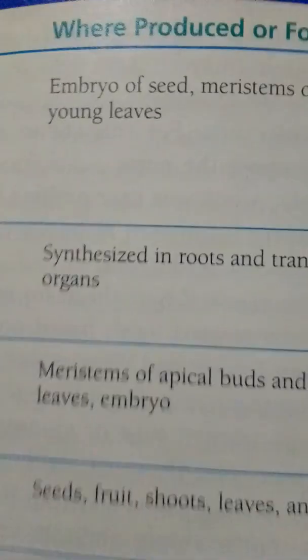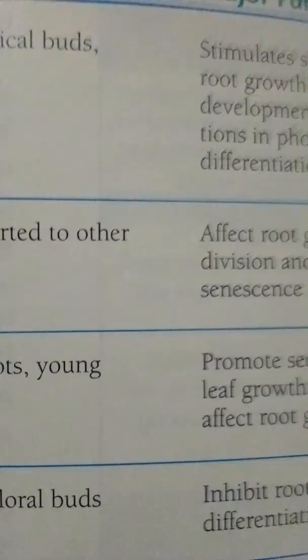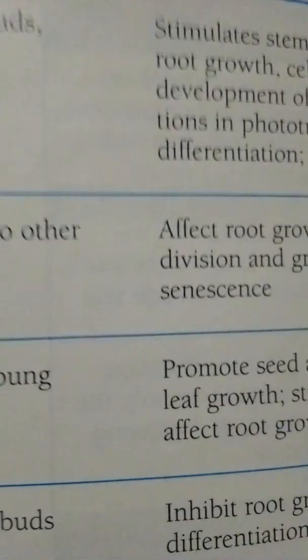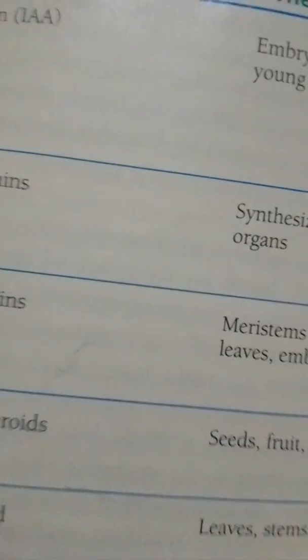Brassinosteroids: where produced or found in plants, seeds, fruit, shoots, leaves, and floral buds. Major functions: inhibit root growth, retard leaf abscission, promote xylem differentiation. Abscisic acid: where produced or found in plants, leaves, stems, roots, green fruit.